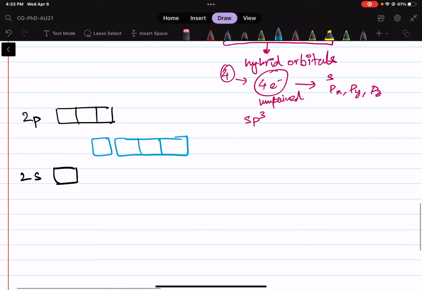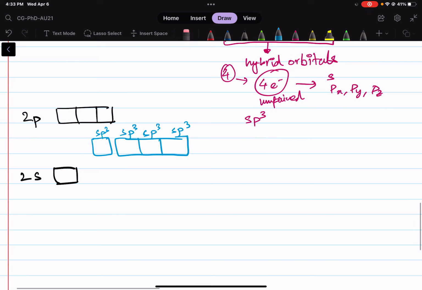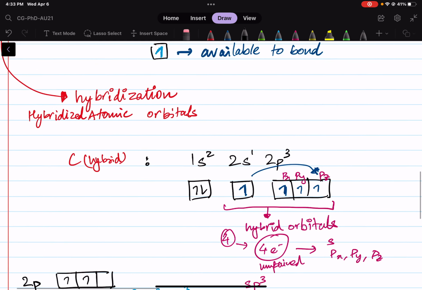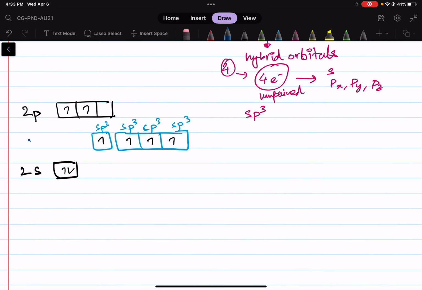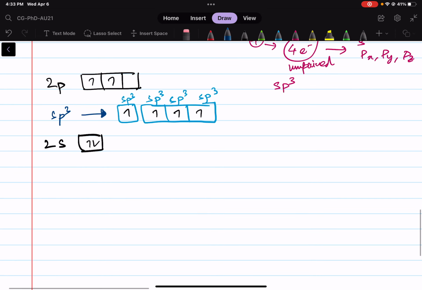So we created sp3, sp3, sp3, and sp3. We created 4 sp3 orbitals. Each one of them had 1 electron. So earlier this had 2 and this had 2. So now this is sp3, and the energy lies in between these 2 atomic orbitals.